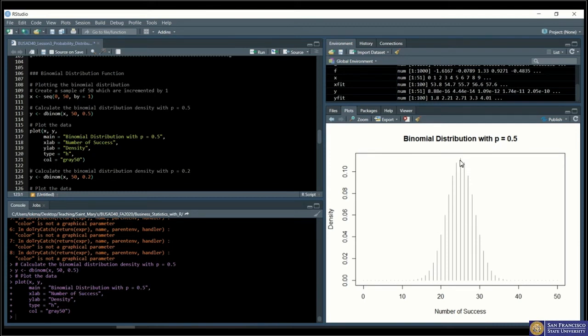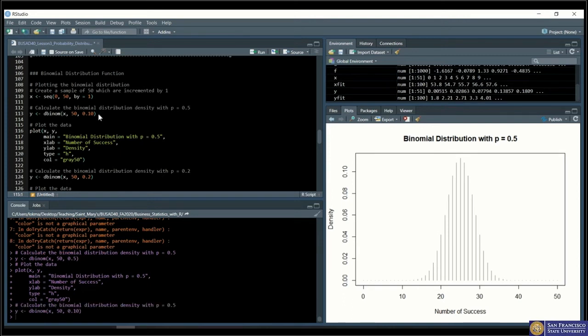However, you can play around with this number and map this binomial distribution for yourself. Let's say I don't like that the chance of success is 0.5. Let's say the chance of success is going to be much lower. Let's suppose the chance of success is only 10%. Let me run this y value again, and I'm going to plot this function one more time.